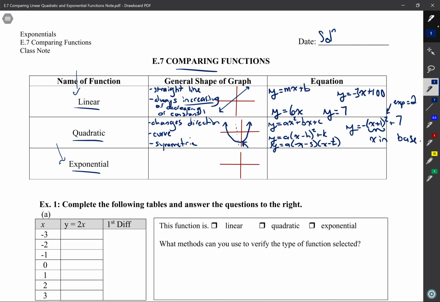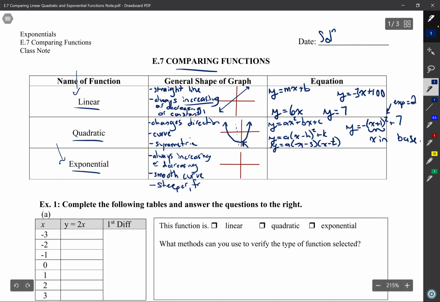And lastly, let's take a quick look at our exponential equations. So these will be similar to our linear equation, in that it will always be increasing or decreasing, but not both. And similar to the quadratic, it'll be a smooth curve. And relative to the quadratic, it will get steeper faster than the quadratic will.